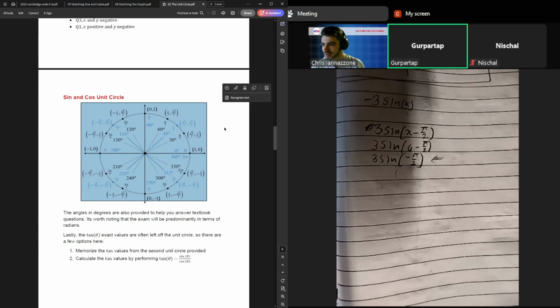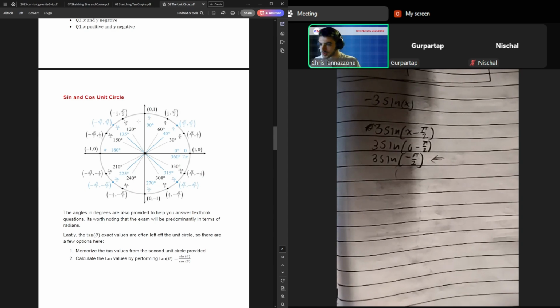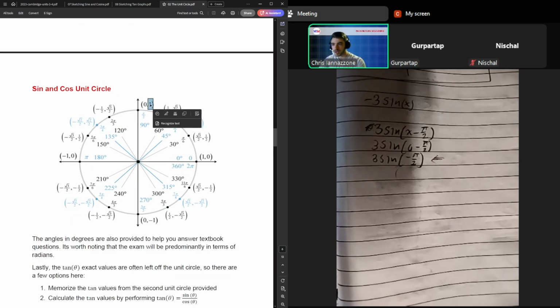Okay, that's good. So very briefly, the way this works is if you want to evaluate sine of a particular angle, it means you want to locate that angle on your unit circle and then give the y value at that spot. Now, negative pi over 2, you might notice, doesn't actually appear on this, at least not formally, it's not labeled.